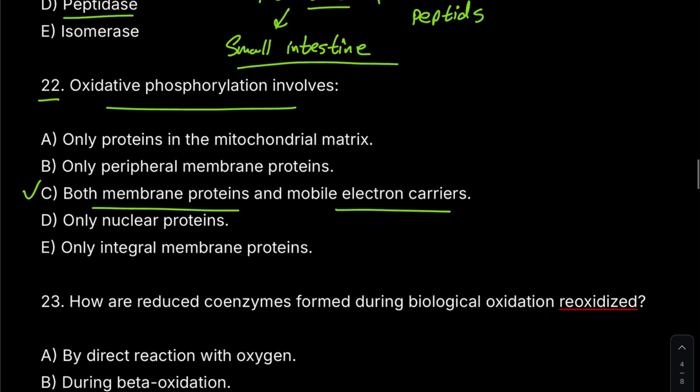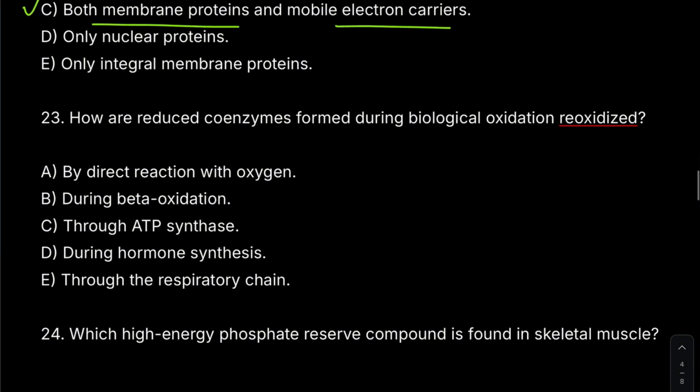The electron transfer chain consists of membrane-bound complexes together with mobile electron carriers such as coenzyme Q and cytochrome C. Together, they transfer electrons and generate the proton gradient that powers ATP synthase.